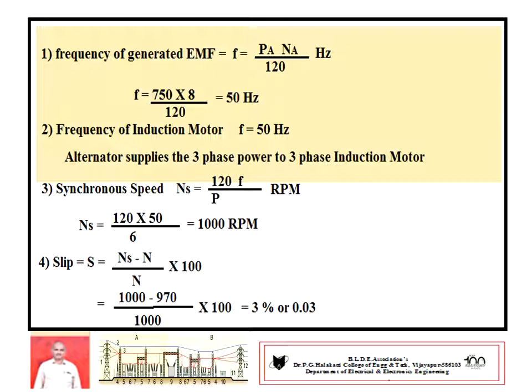Then go for calculation of slip, percentage slip equal to ns minus n divided by ns into 100. So, 1000 minus 970 divided by 1000 into 100. You are going to get 3% or 0.03. Here it is printed as n, don't confuse. Slip equal to ns minus n divided by ns. Make that small correction. So slip may be 3% or 0.03.